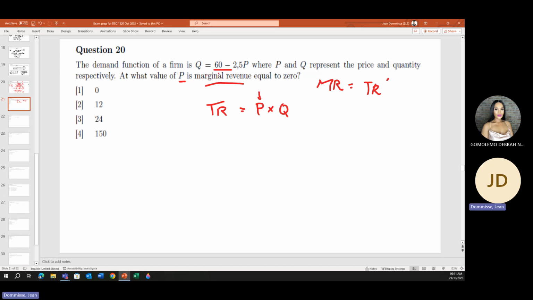And then in this, we actually have a nice formula for Q. So we can substitute that into Q because they've given it to us. And that is just where you need to be careful, is they can give you the P as well, and you need to work with Q, because then they might say, what is the value of Q if marginal revenue is equal to 0?